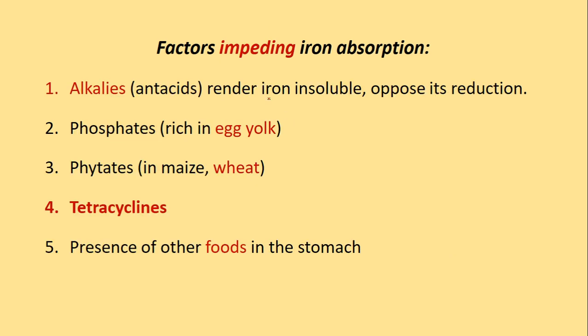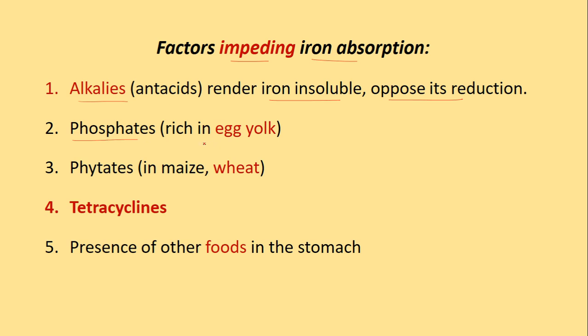So what are the factors which decrease or impede iron absorption? Like the presence of alkali. For the absorption of iron, iron requires acidic pH. So alkaline pH will render iron insoluble, thereby opposing its reduction, so there won't be any ferrous form, which is the absorbable form.